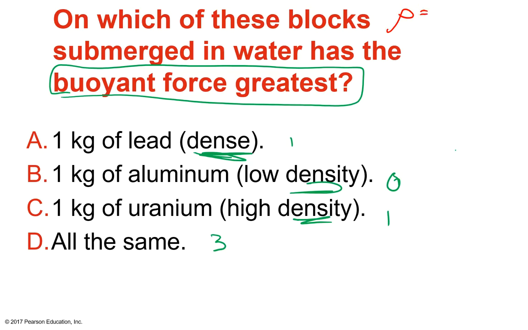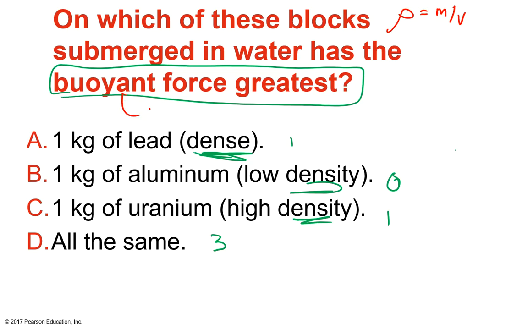Density is not equal to mass. It's related to mass and volume. The definition of density is how much mass you have in a volume. So density is mass divided by volume.